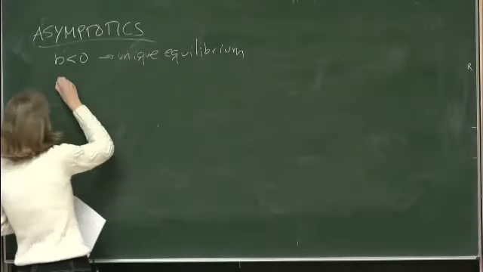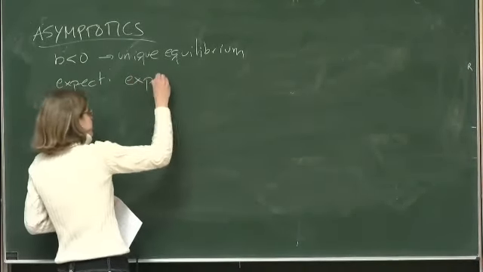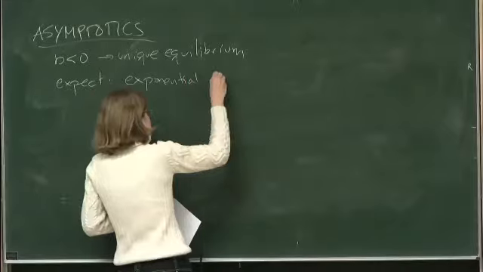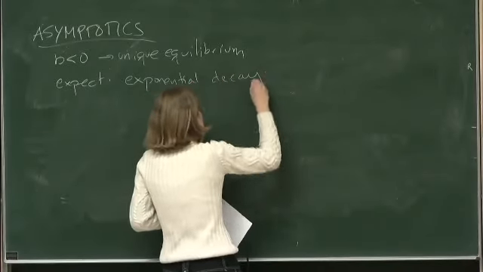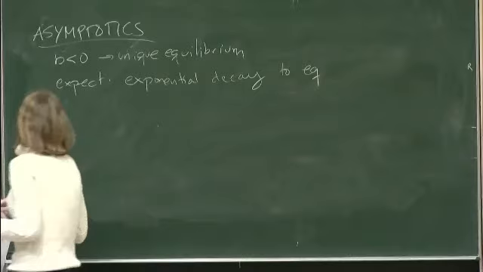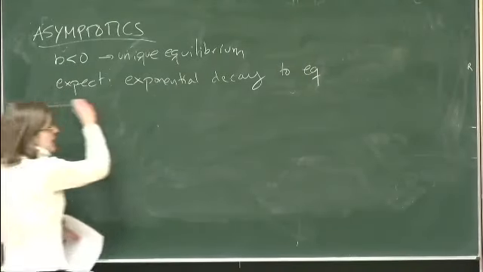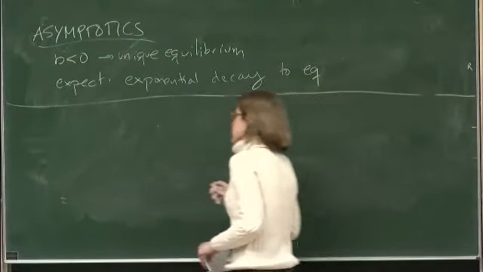And we expect exponential decay to the equilibrium. Okay, but the case b less than 0 is nonlinear, and it's a little bit more complicated. Let's start with the linear case b equals 0.